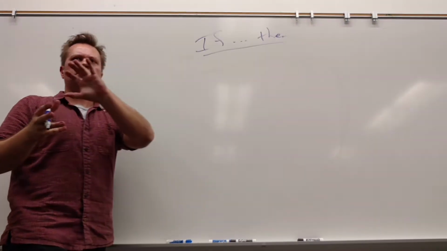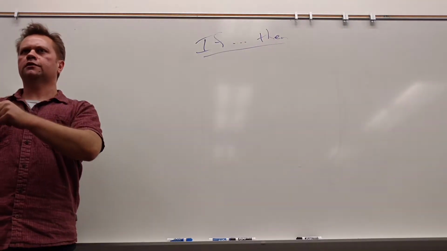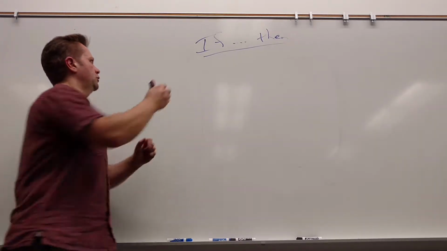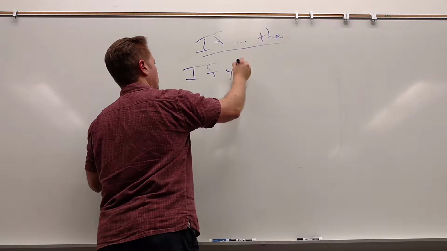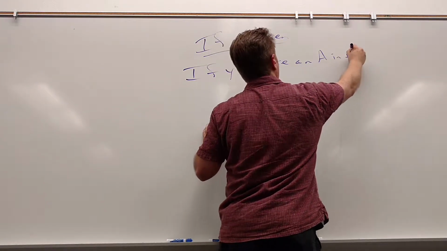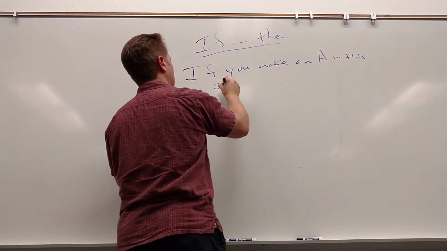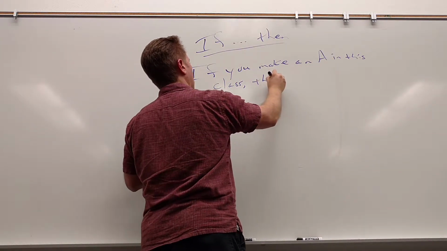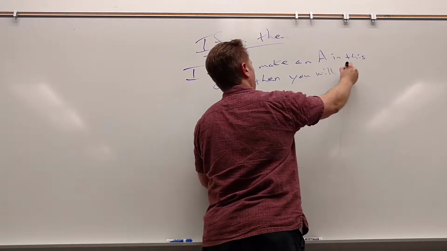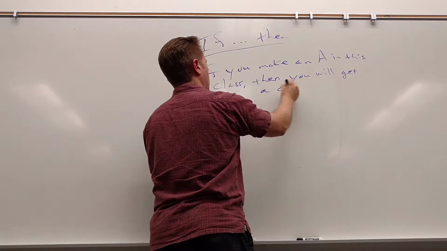The easiest way to explain how if-then works is to use a specific example, and the specific example that we would be excited about: if you make an A in this class, then you will get a car.